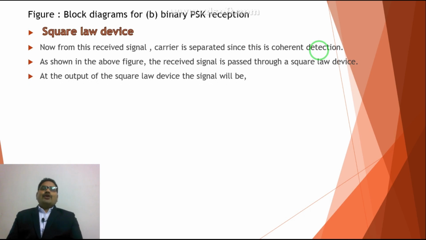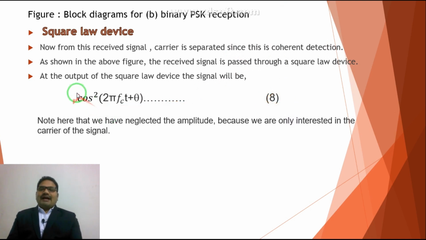Why do we put it through the square law device? In order to generate the carrier signal. So at the output of the square law device, the signal would be cos square of 2 pi fc t plus theta. Now we have ignored the amplitude here because we are interested only in the carrier signal.